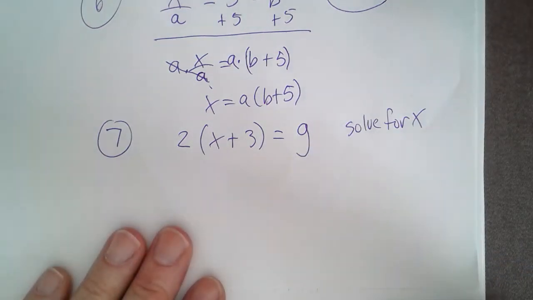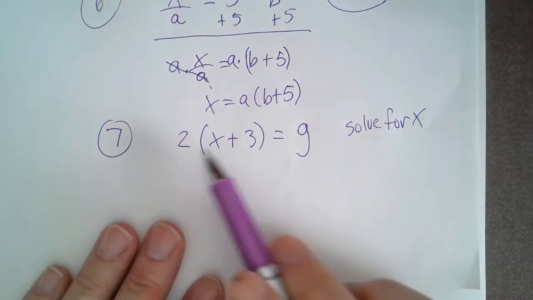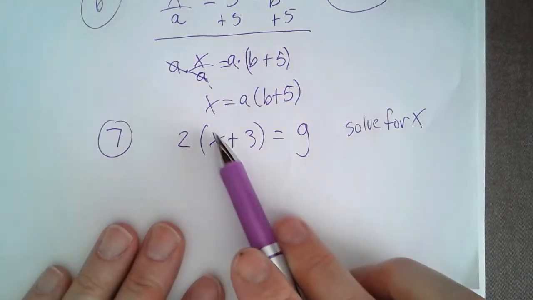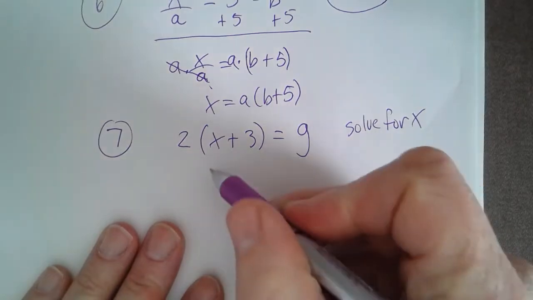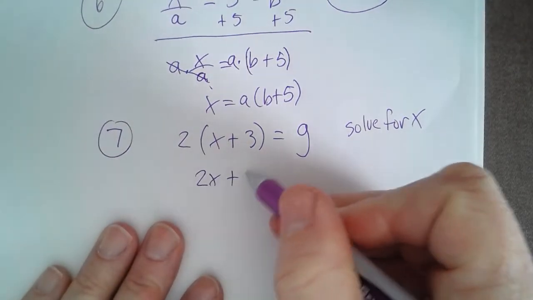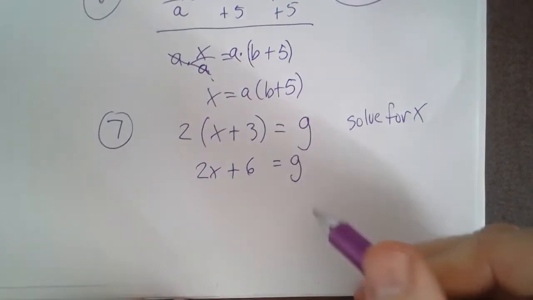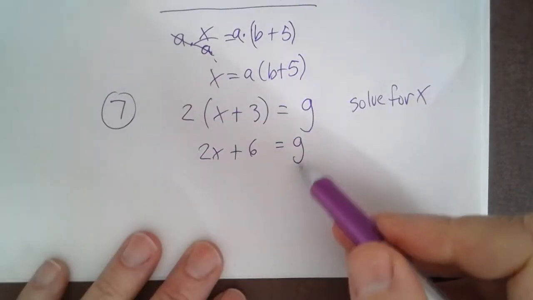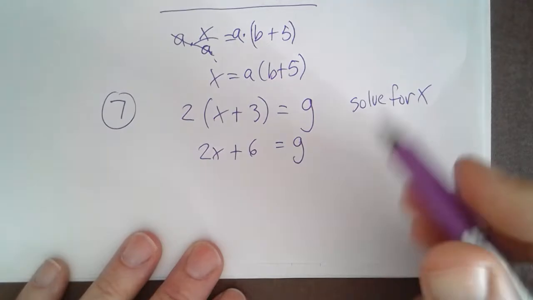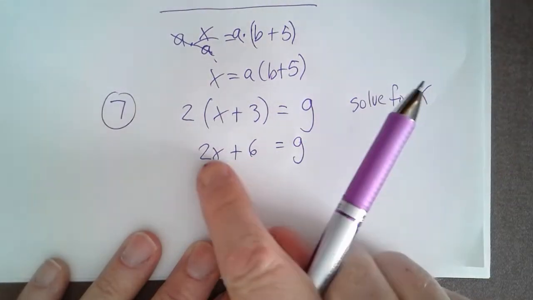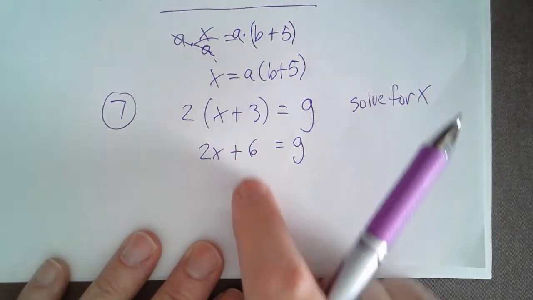And here's your feedback. You have choices here. You could divide each side by 2 first, or you could distribute the 2 through the parentheses. So it's 2x plus 6 if you choose to distribute is equal to G. Okay, what makes sense to do next? Going to get X by itself, so you want to take care of the 6 next, right?